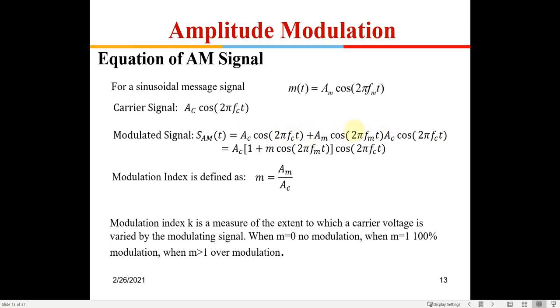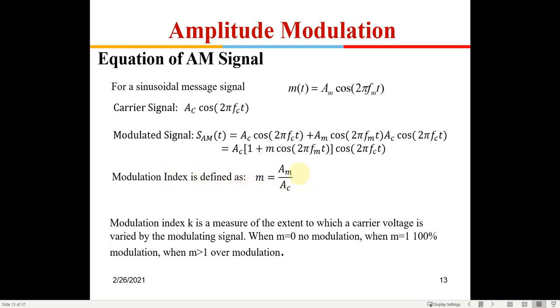Okay, now if I take Ac common, that is the magnitude of the carrier, and take the frequency component outside the bracket, then I have a term called m coming in here. m is nothing but Am divided by Ac, which is also known as the modulation index.